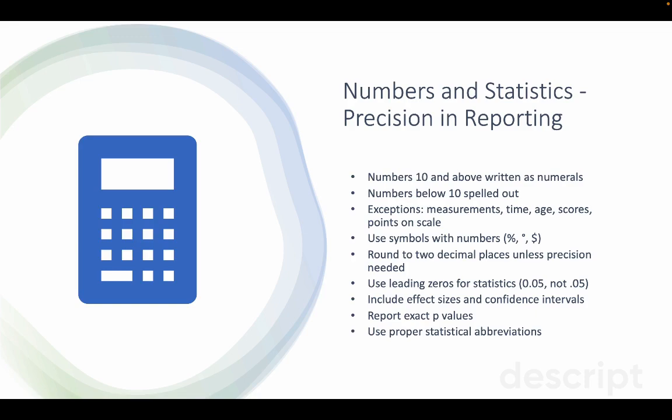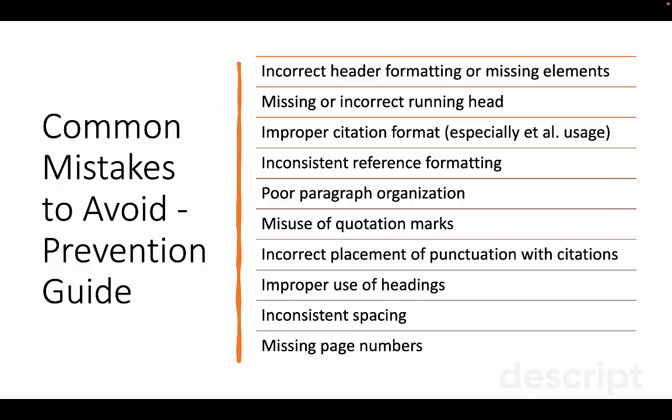Round to 2 decimal places unless precision is needed. Use leading zeros for statistics. Include effect sizes and confidence intervals. Report exact p-values and use proper statistical abbreviations.